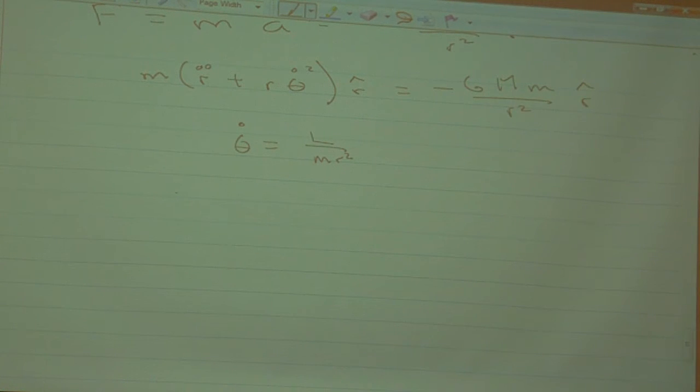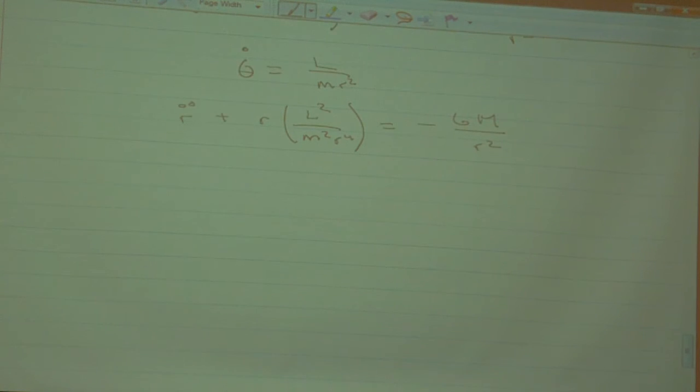So what I have is r double dot minus r times L squared over m squared r to the fourth is equal to minus G m over r squared, or r double dot minus L squared over m squared r cubed is equal to minus G m over r squared.